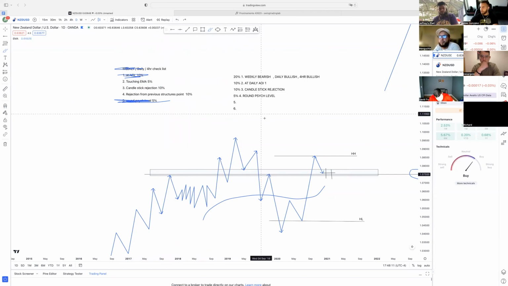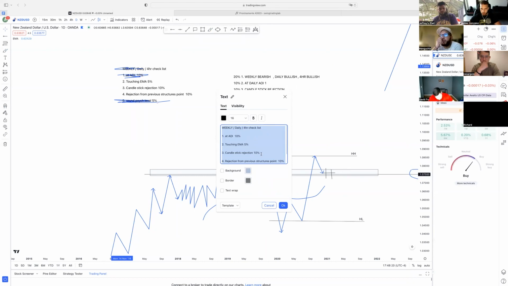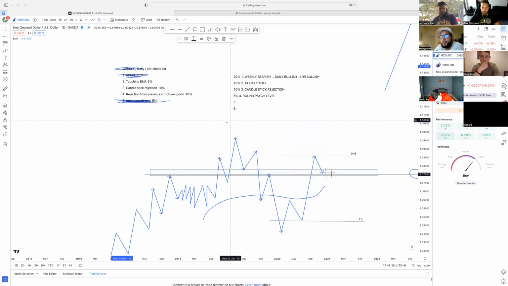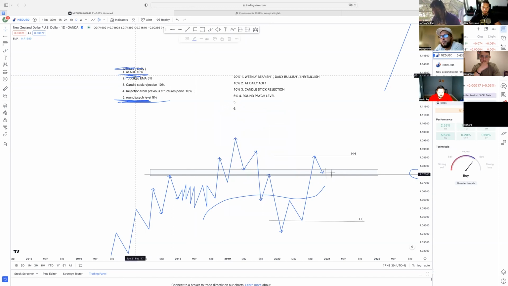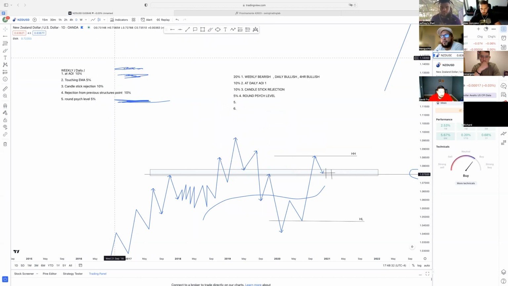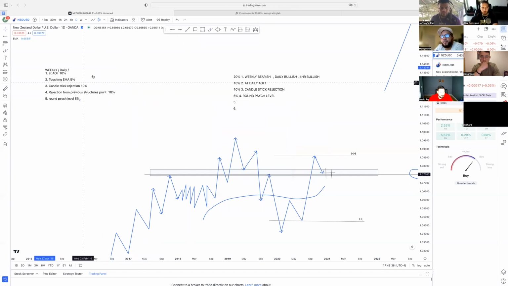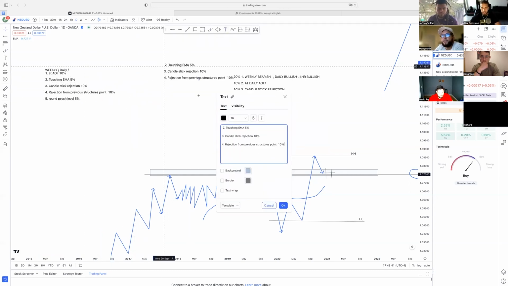So we just go down to the lower time frame, such as the 4-hour, and then we just look to add any one of these three. Just to make it in simple terms, I'm just going to copy this right here. So this is going to be the weekly and daily checklist, and then this is going to be the 4-hour checklist.